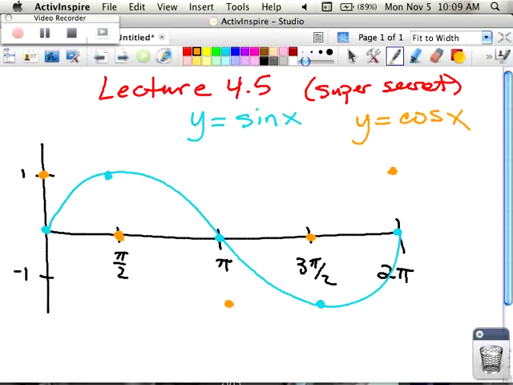Also, with a mountain and a valley. However, in this case, the mountain is split because the graph of the cosine is what they call out of phase with the sine graph by pi over 2. It's shifted pi over 2.